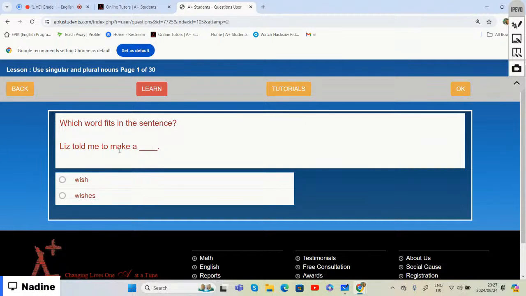Here it says which word fits in the sentence. It says Liz, one person, told me to make a wish, or Liz told me to make wishes. Which one is correct?